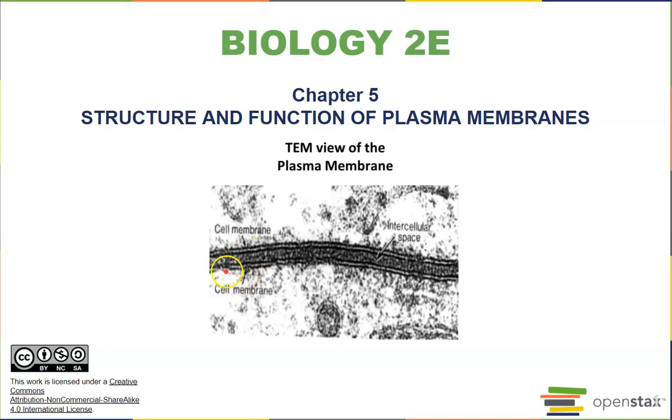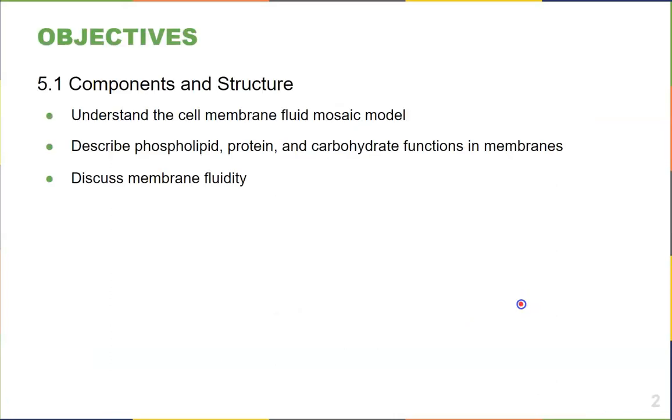Now, if you look really closely, you can see the cell membrane of each cell, and it is a double layer, just like we've been studying. So it's really interesting to look at the cell with a TEM microscope and to see that it really is a double layer.